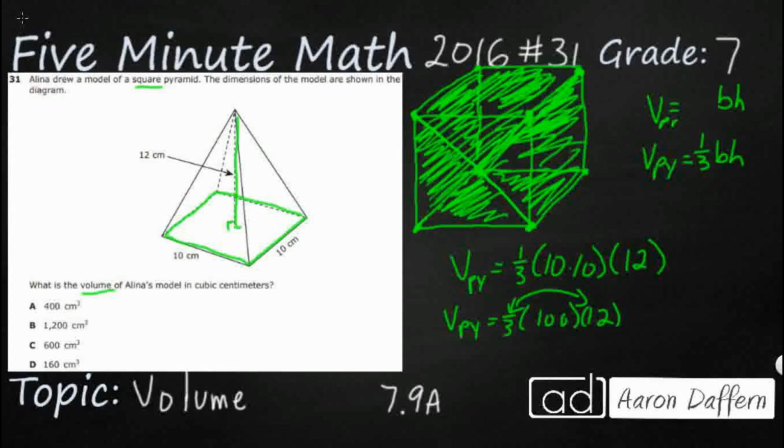I want to take 1/3 of 12, right? 1/3 times 12. That's going to be 12 over 3. That's the same as dividing 12 by 3. That's 4. So now I've got 4 times 100. And that's a lot easier than doing 12 times 100 and then dividing that by 3. So that is going to equal 400. And it's volume, so it's still cubic centimeters. A.